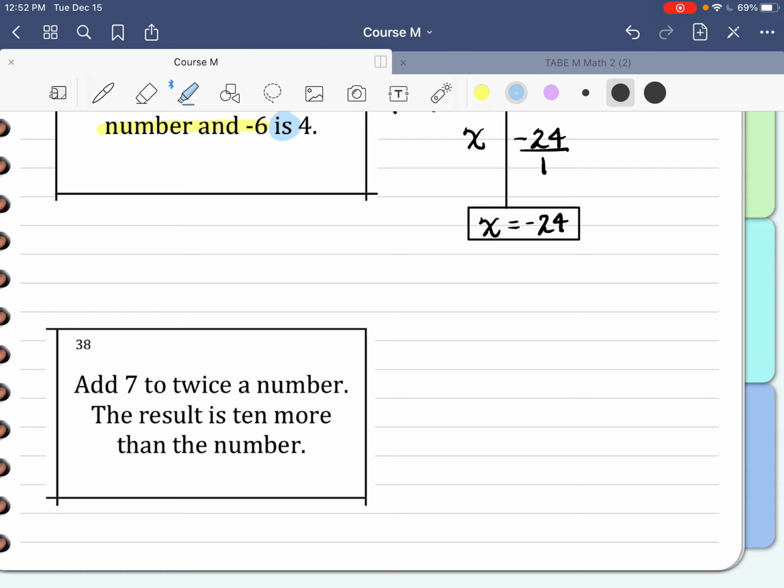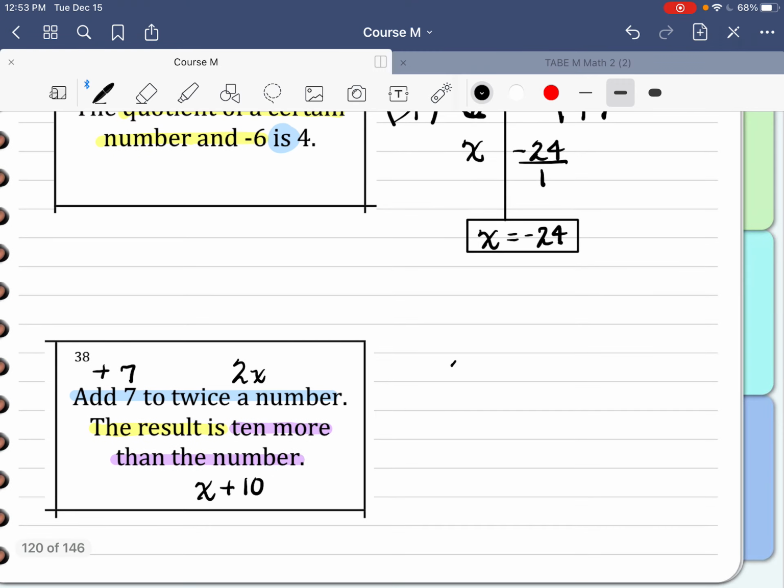And then down here, add 7 to twice a number. So twice a number plus 7. The result is 10 more than the number. So the number plus 10 will be the other half. So we add 7 to twice a number. The result is 10 more than the number.